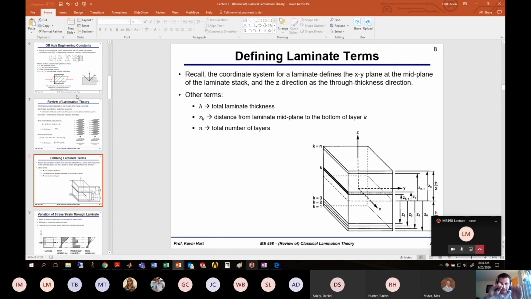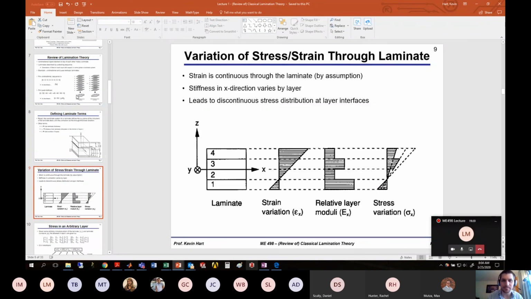The bottom of the lamina is z_k minus 1, and the top of the lamina is z_k. So we're just denoting where that lamina is located in z space using that variable z. This allows us to define where our lamina are in our laminate stack.